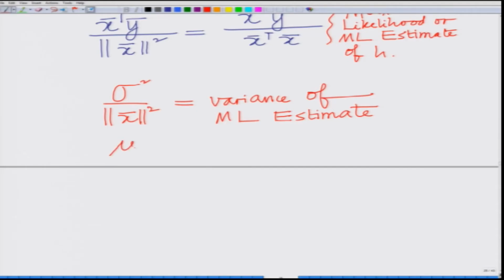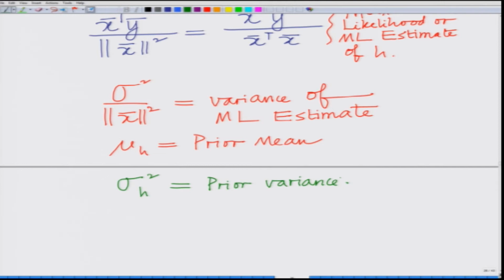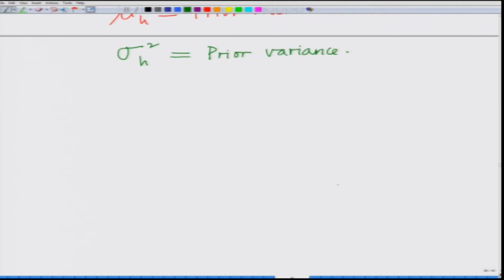So mu h equals the prior mean and sigma h square equals the prior variance.